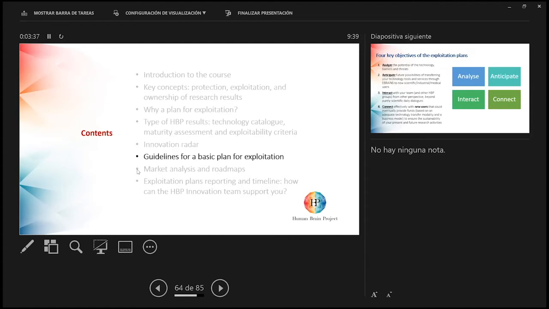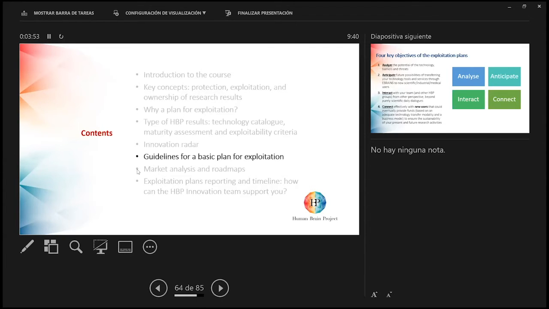That is the market analysis and road mapping studies that our team develops in relation with different relevant scientific and technology areas of HBP.